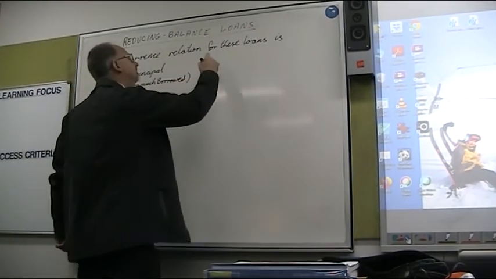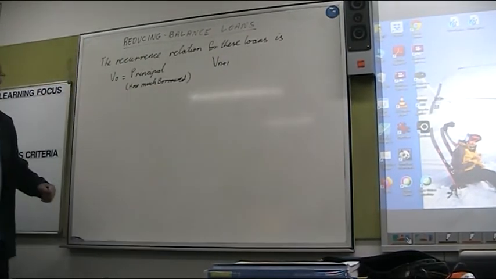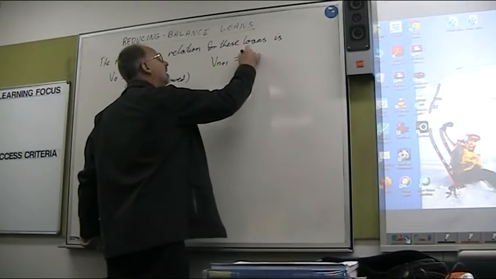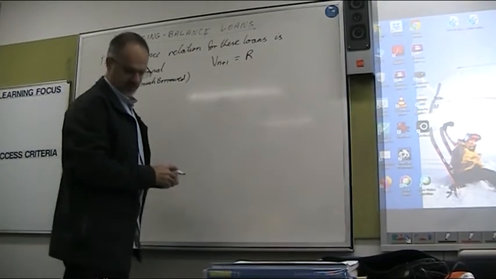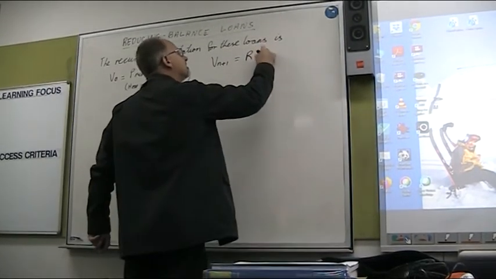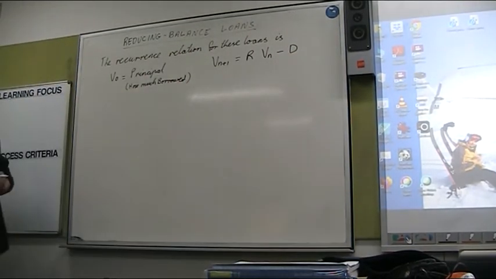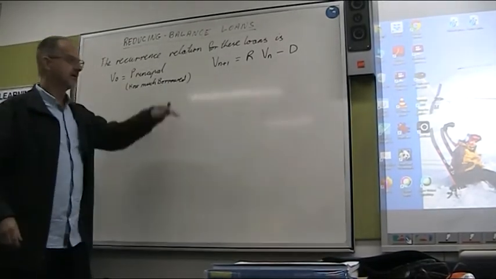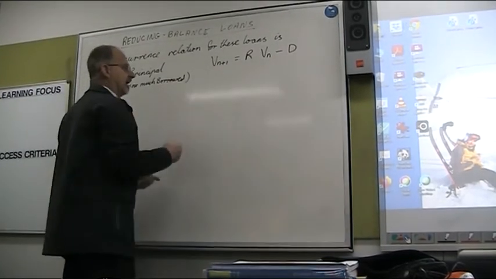And then the value of that loan in the next month would be some ratio, and I'll get to how we work that out in a minute, times the current value, and then minus your payment. Always minus for the reducing balance loan, because you're putting money in, so that's going to bring how much you owe down.